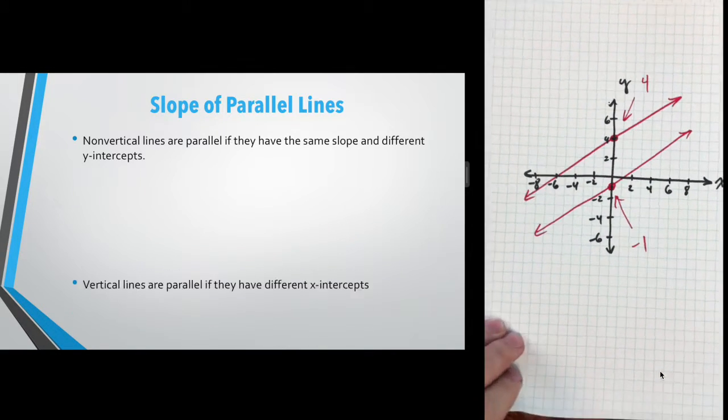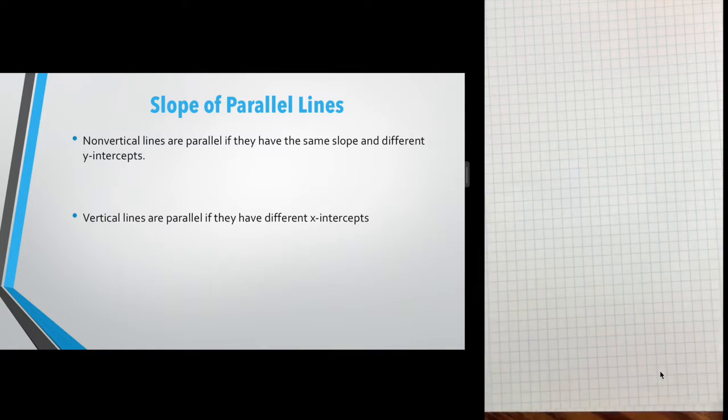The next thing you need to know is that vertical lines are parallel if they have different x-intercepts.